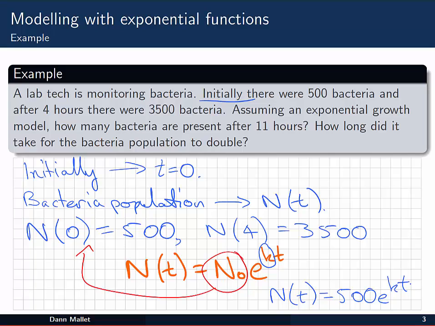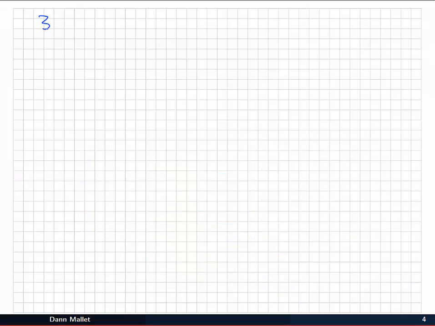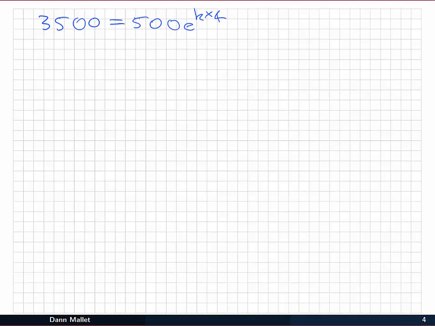All we've got that we can use is this other population and time point, a time of 4 hours and a population of 3,500 bacteria. If our model is going to work, it's going to need to have that set of values as one of its set of values. So in other words, when time is equal to 4, we need N of t to be equal to 3,500. In other words, 3,500 equal to N naught, or 500, e to the k times t, but where t is equal to 4 hours.